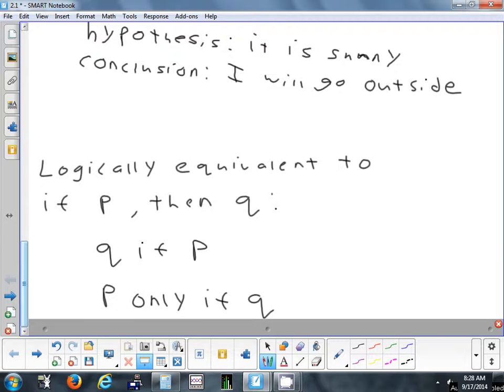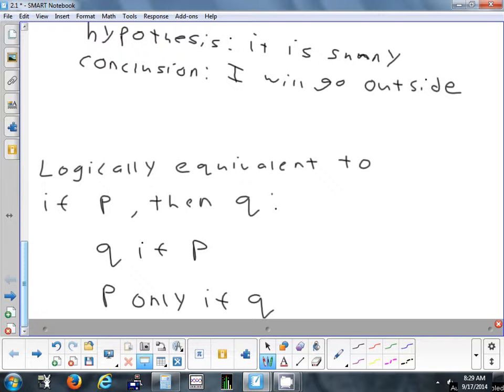Using my example, this would be like saying, it is sunny only if I will go outside. So three different ways, but they're all logically equivalent. Here's something that's not logically equivalent. If I said, if I go outside, then it is sunny, that's not the same thing as the other three.